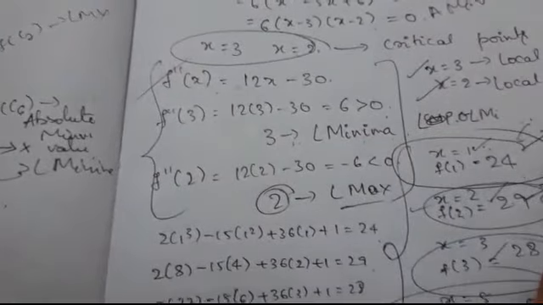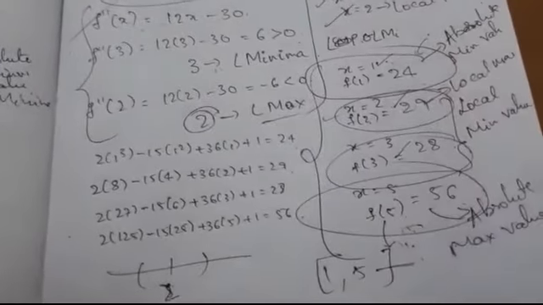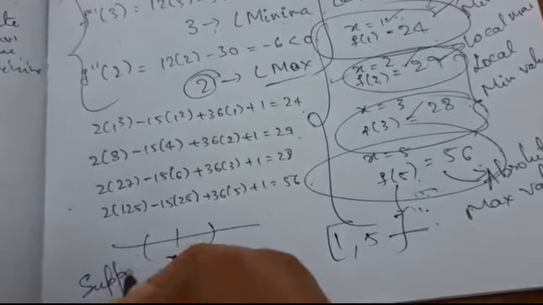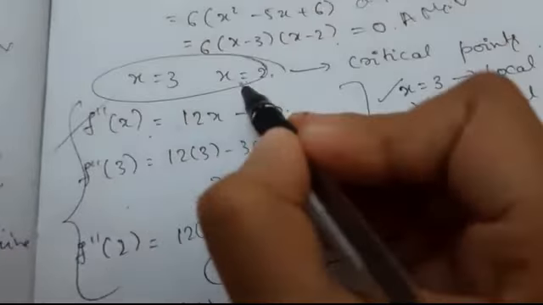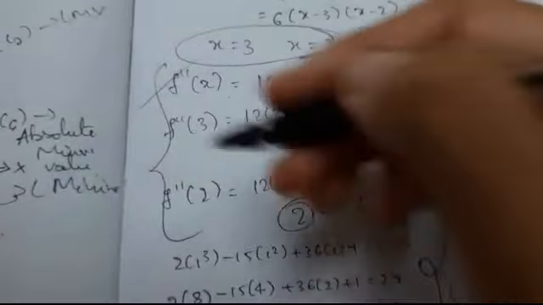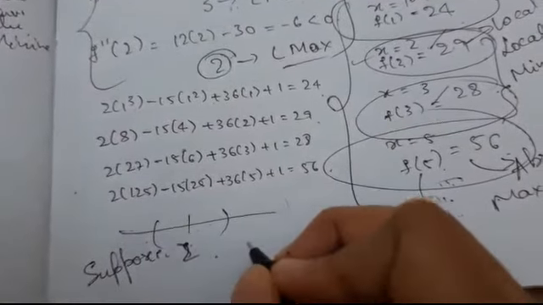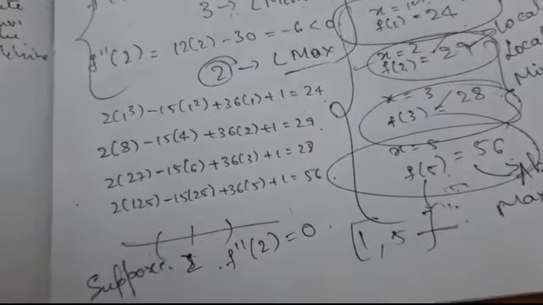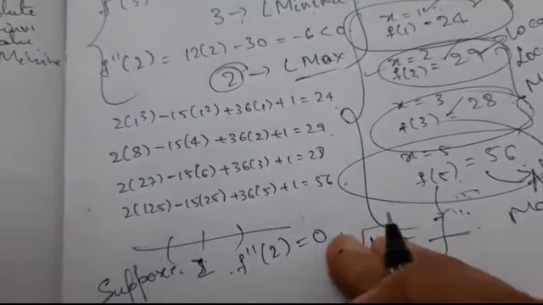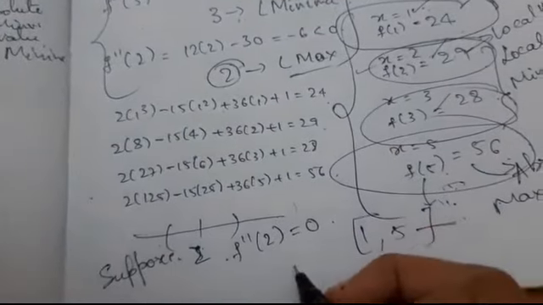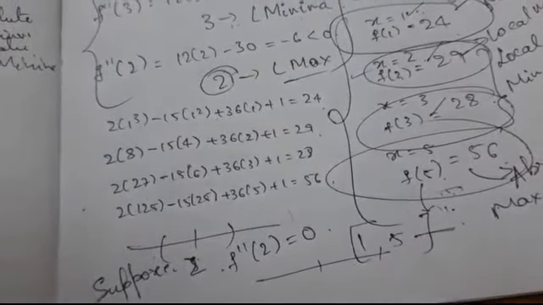So the answer to that question is this. Suppose here 2 was our critical point, right? Suppose we didn't check this, and this condition happens: if f''(2) is also equal to 0, then our second derivative test fails and we need to check the first derivative test.